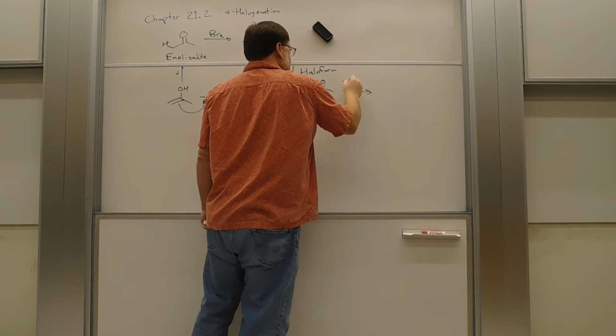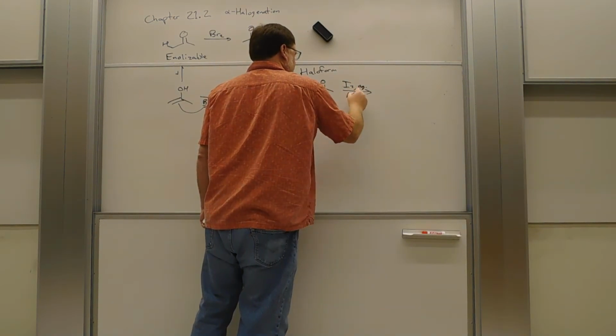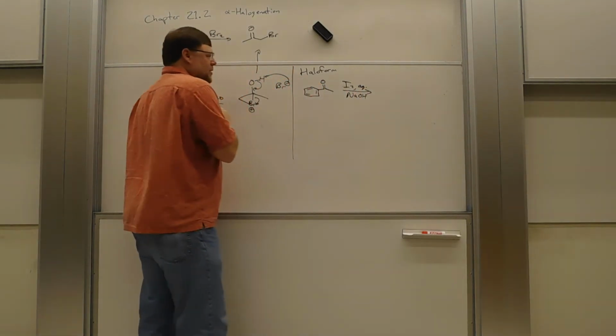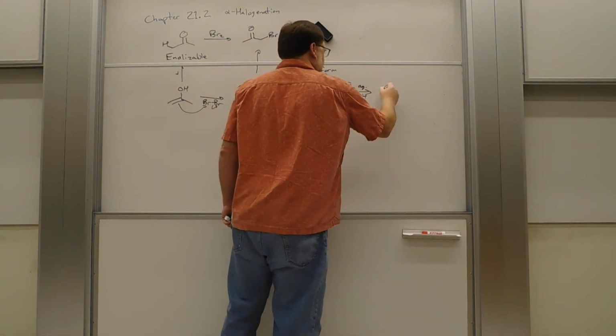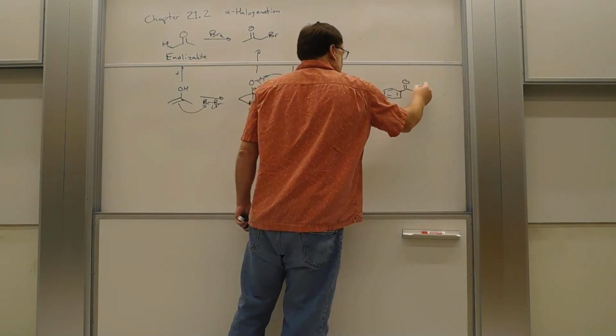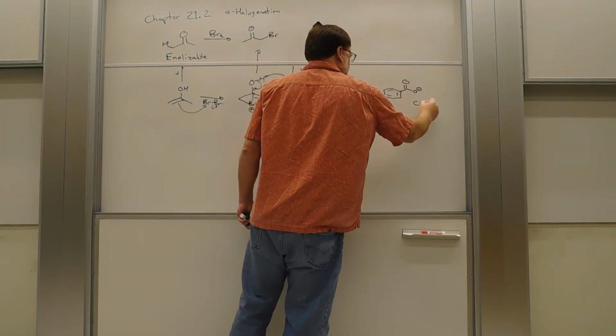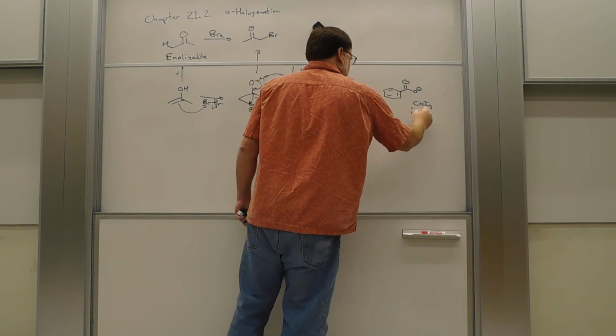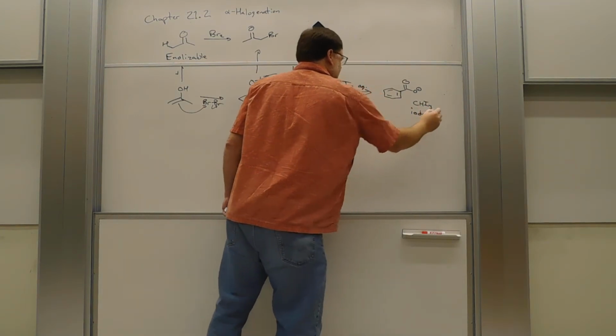All right, if we treat this with, say, iodine and aqueous sodium hydroxide, so now we're under basic conditions, the product we're going to get is the carboxylate and a molecule called iodoform.